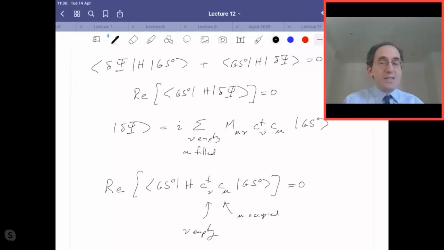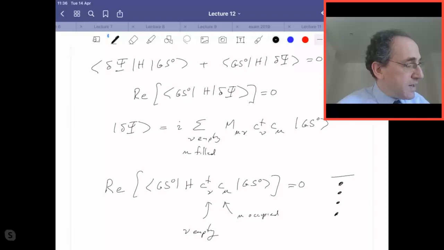Okay, so if you look at this condition, it actually makes a lot of sense. Let's actually draw the situation here. So we have a whole bunch of filled orbitals here below the Fermi surface, and we have a bunch of empty orbitals here.